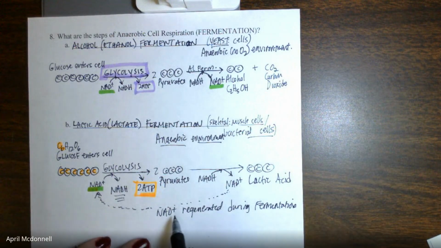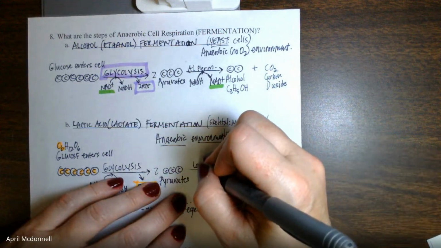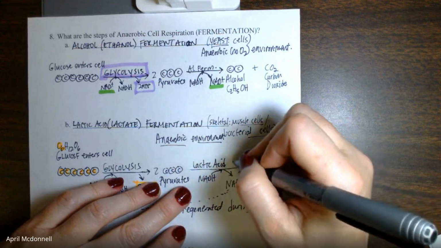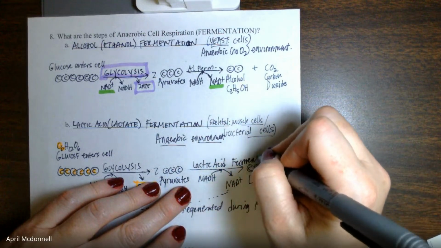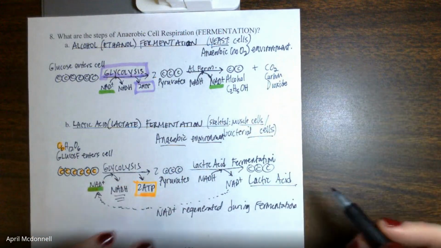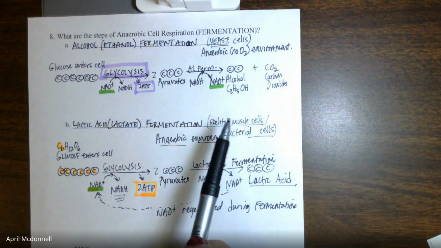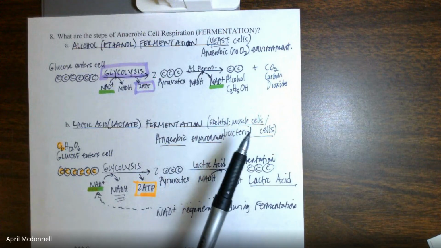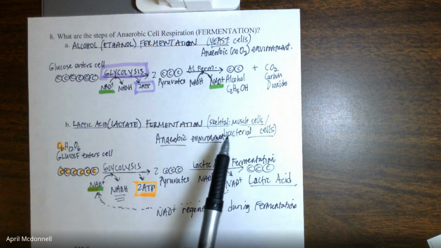That says fermentation. NAD plus is regenerated during fermentation. So that's the whole reason that fermentation occurs. In this case, lactic acid is pretty much a waste product. For example, if lactic acid accumulates in your skeletal muscle cells, it could lead to your muscle cells becoming sore.